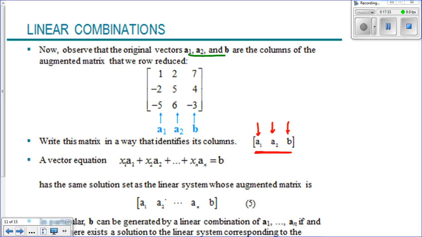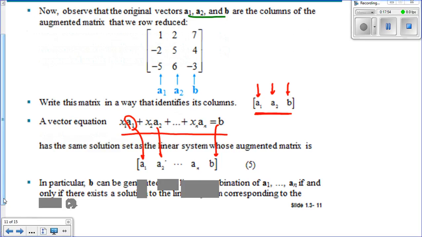Okay, so if you're solving this vector equation, it has the same solution as if you put the vectors in the columns, where x1, x2, and xn are the weights, including the constants on the right side. So this vector equation has the same solution as the linear system that has this augmented matrix.